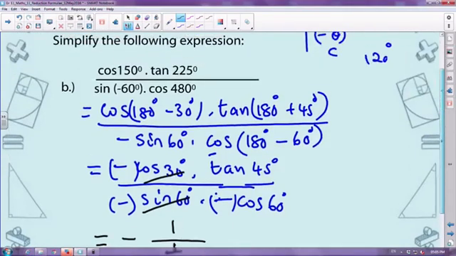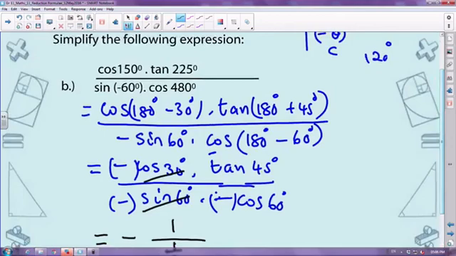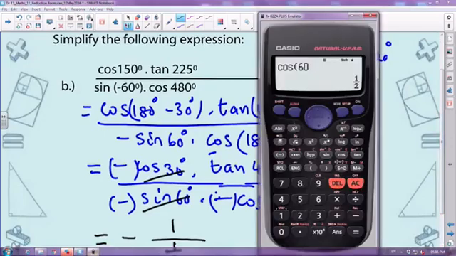Now, guys, we need to just check. If we don't get a negative 2, like I said, you confirm with your calculator.